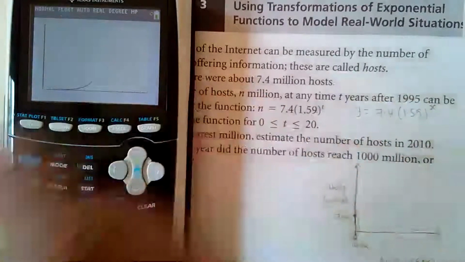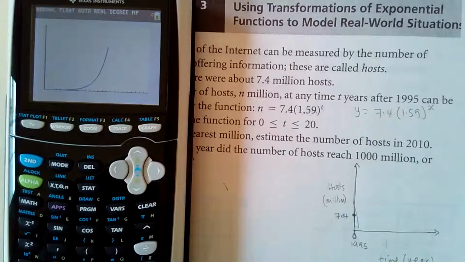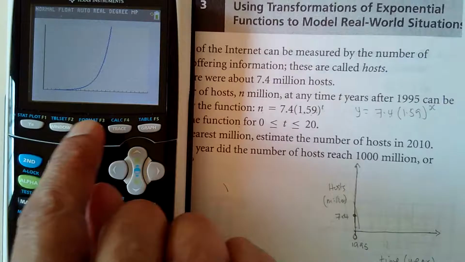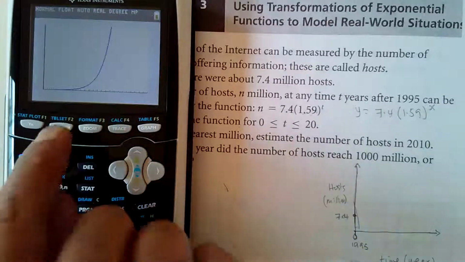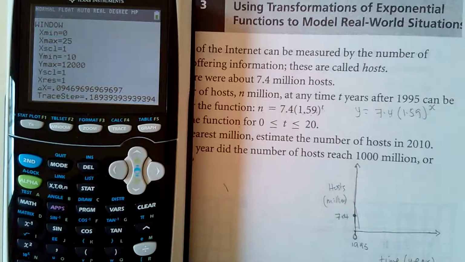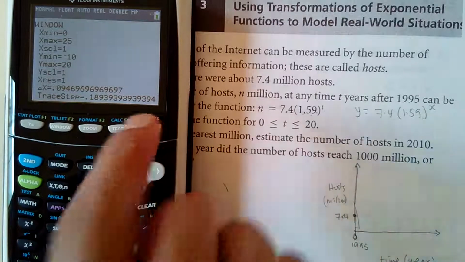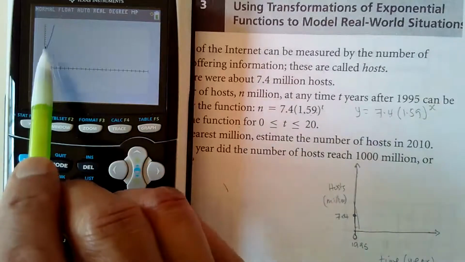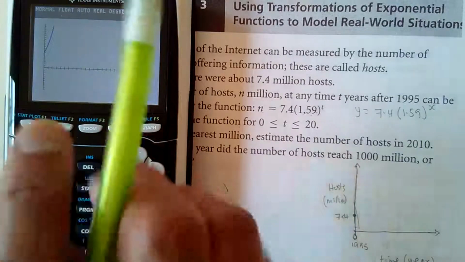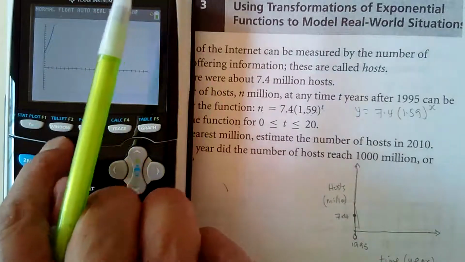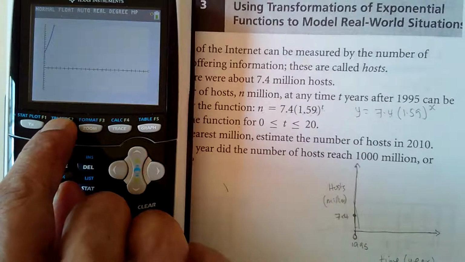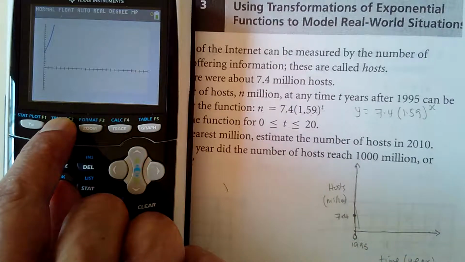Now, the number of hosts here is huge. So I'm going to reset my window, maybe to show you how it would appear, maybe 20 here. And you notice that would be 7.4 million. I don't need my negative y values either.